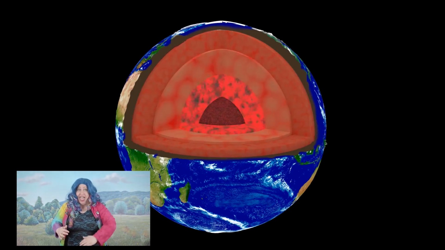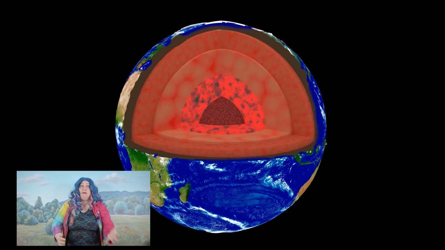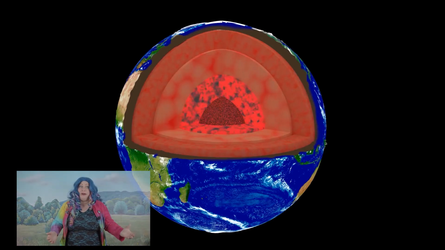And below that, there is a really, really hot solid mass called the inner core. Fun fact, scientists now believe that the inner core of our planet is as hot as the surface of the sun. Like a whopping 6,000 degrees Celsius. Wowzers!